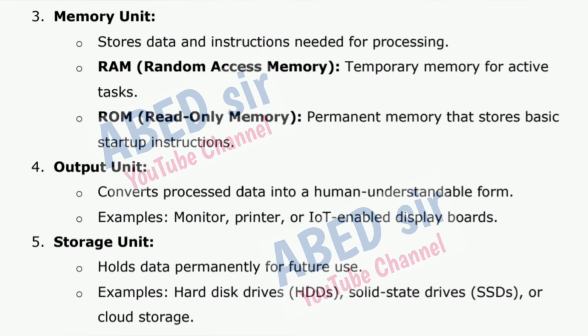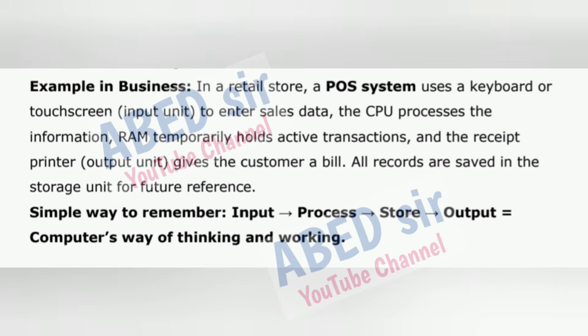Converts processed data into a human understandable form. Examples: monitor, printer, or IoT-enabled display boards. 5. Storage unit. Holds data permanently for future use. Examples: hard disk drives, HDDs, solid-state drives, SSDs, or cloud storage.